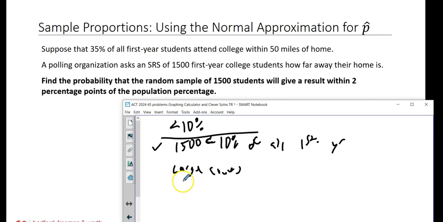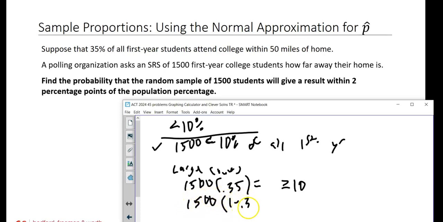So large counts is np greater than or equal to 10. So n is 1,500 times p is 0.35. That has to be greater than or equal to 10. I'm going to put that it is equal to something, which must be greater than or equal to 10. I like the way they wrote it the other time. Then 1,500 times the complement, or 1 minus 0.35, which is 0.65, should equal something that's also greater than or equal to 10.